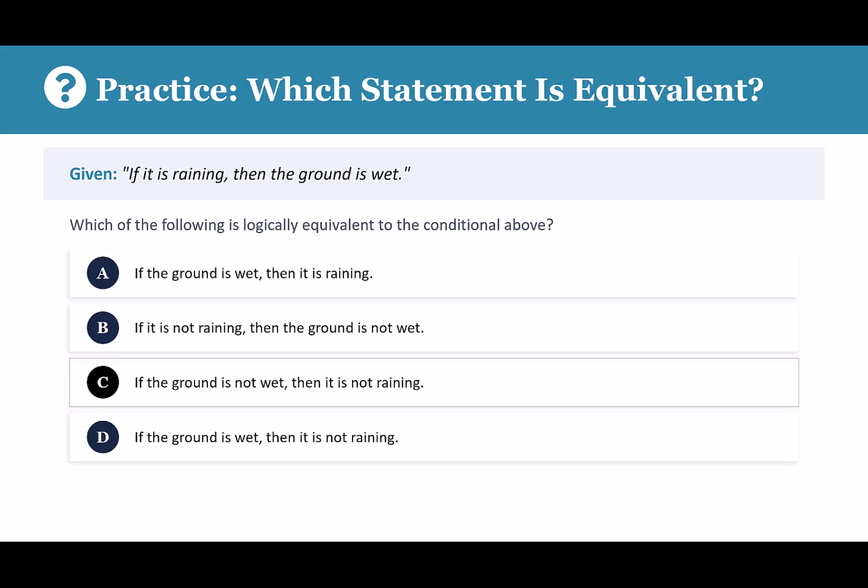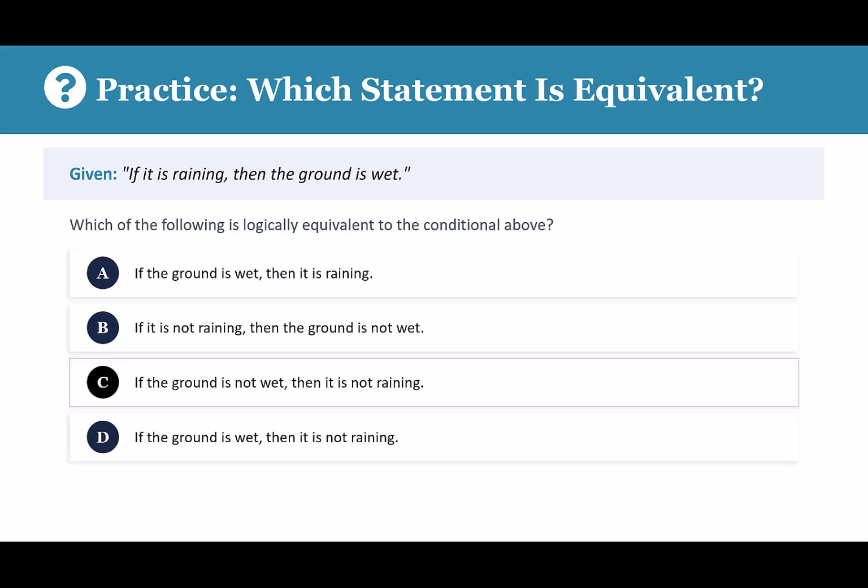Our statement is, if it is raining, then the ground is wet. We want to know which one is equivalent to the conditional above. Well, remember, the conditional is equivalent to the contrapositive. That means we need to put nots in both the statements, and then we need to flip the order. When you look through your choices of if the ground is wet, then it's raining, I don't see negations.